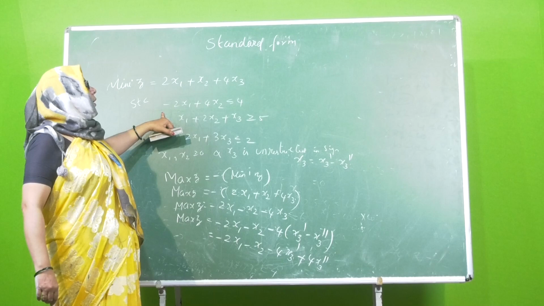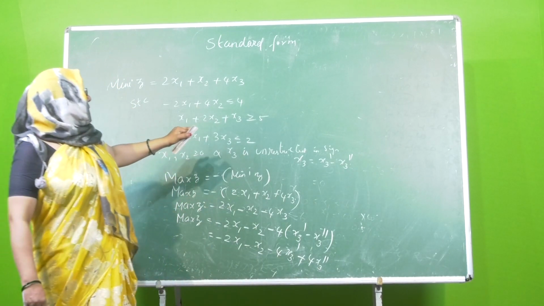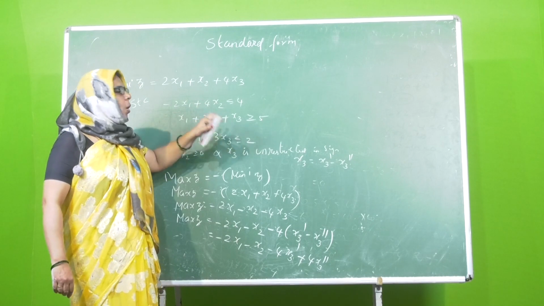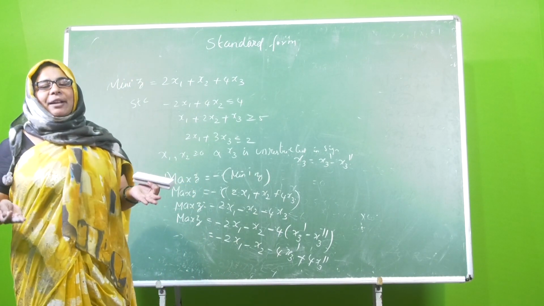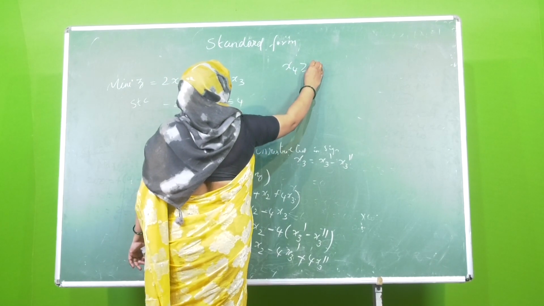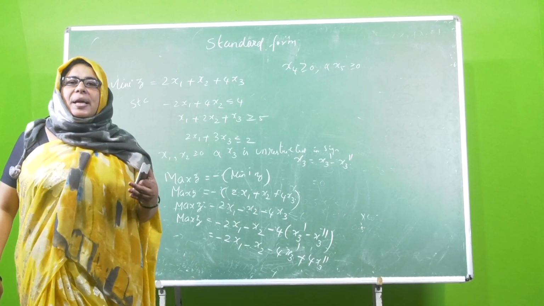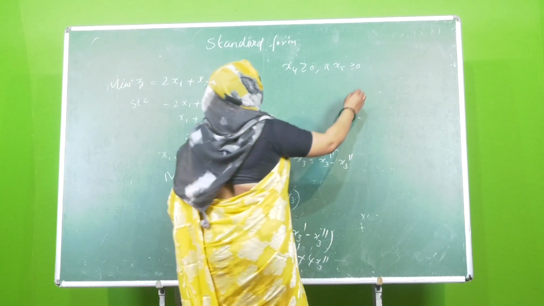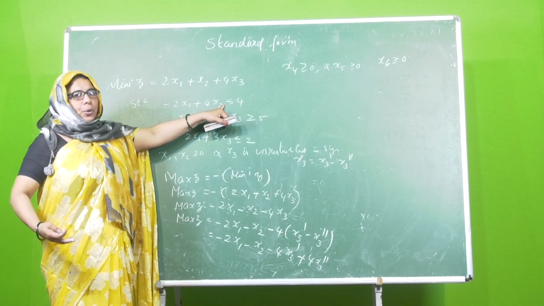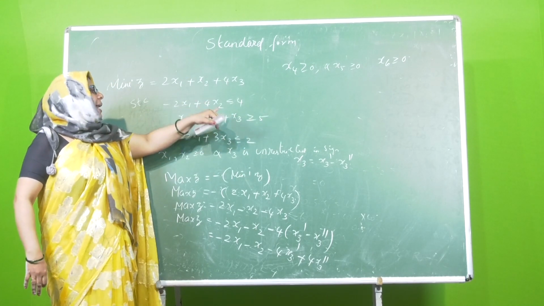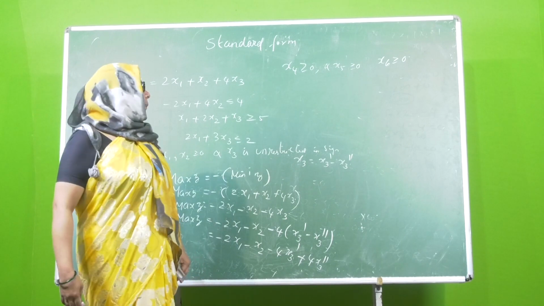Now we introduce the slack variables for equations 1 and 3. The variables x1, x2, x3 are already present in this problem. Now we introduce other variables. So we introduce the slack variables x4 greater than or equal to 0 and x5 greater than or equal to 0 in the first and third inequality, and the surplus variable x6 greater than or equal to 0 in the second inequality, because we introduce slack variables for less than or equal to constraints and surplus variables for greater than or equal to constraints.